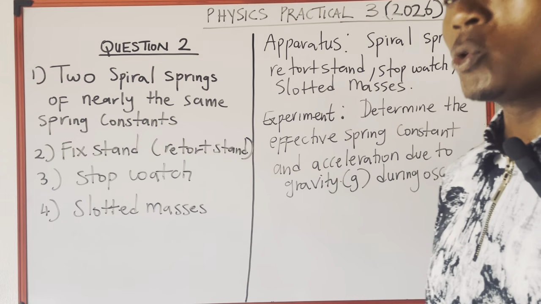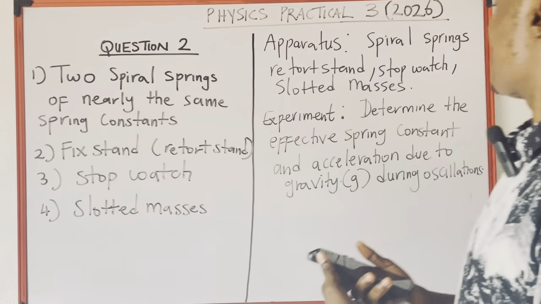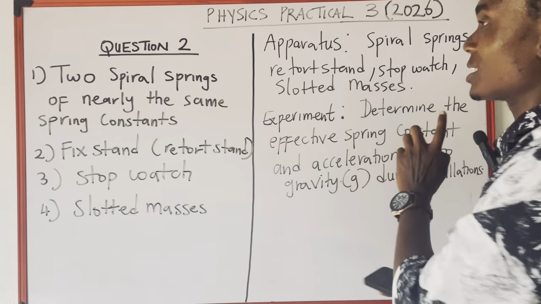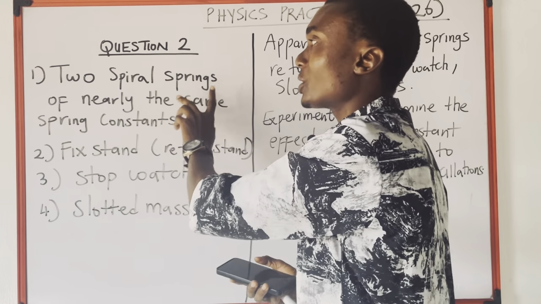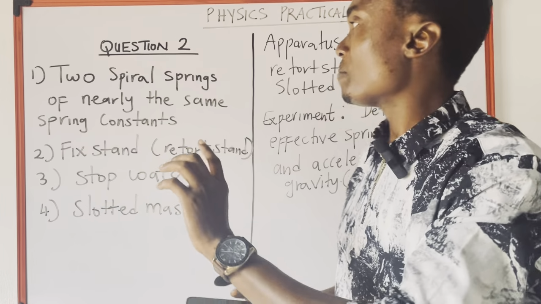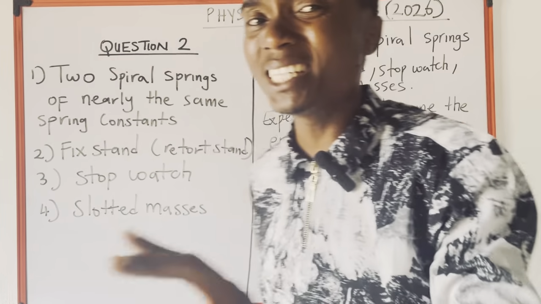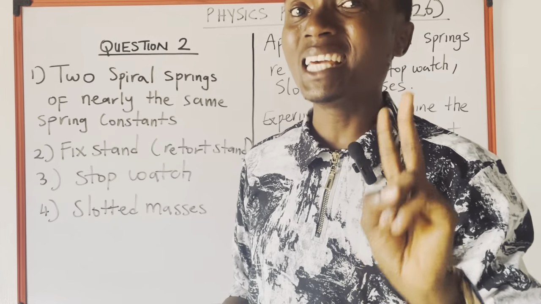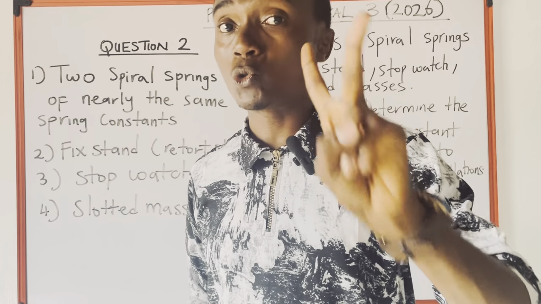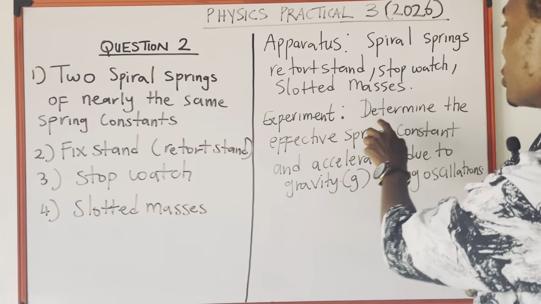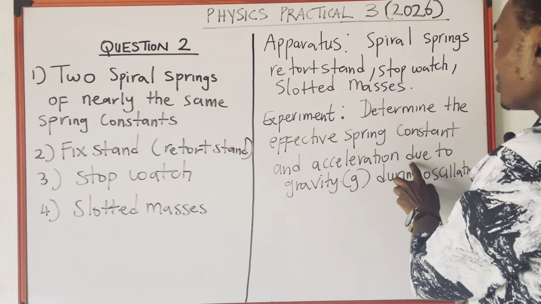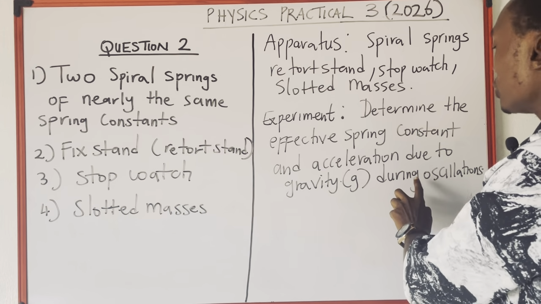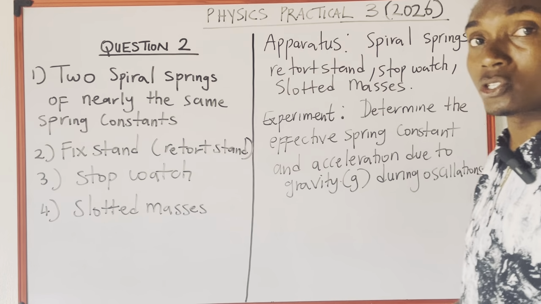So we're going to get the effective spring constant. And if you look at this question, you notice that they say two spiral springs of nearly the same constant. Nearly the same. So we're going to get two constants there. So if you notice very well, determine the effective spring constant and acceleration due to gravity during oscillations.